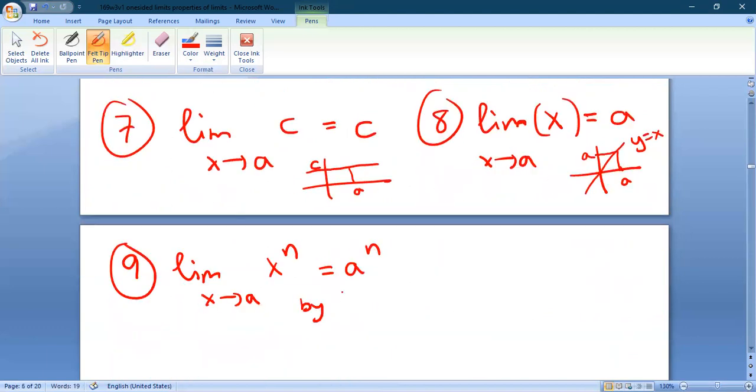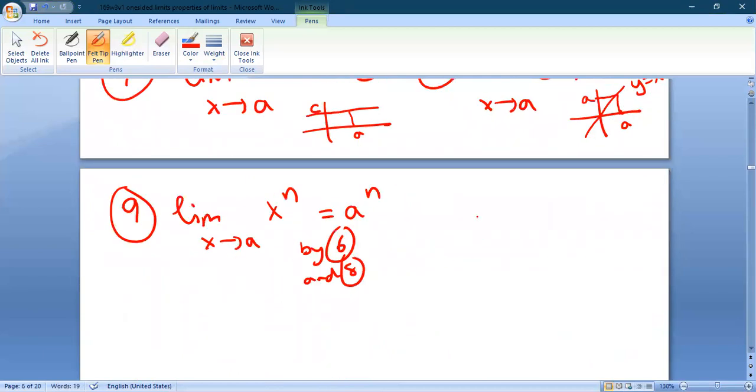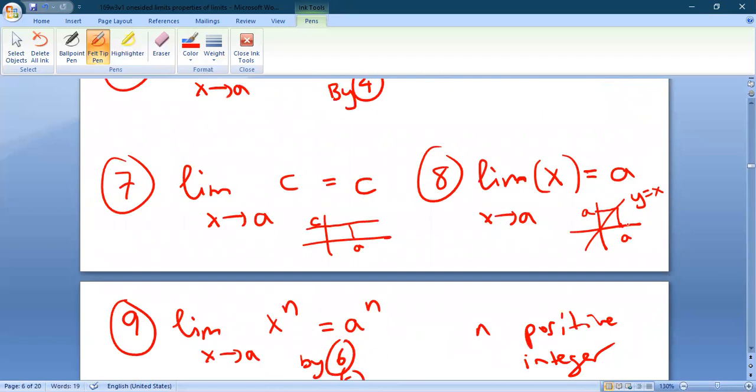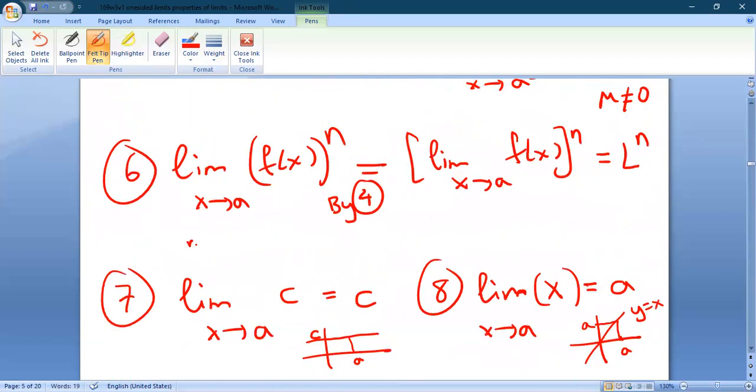So by 6 and 8, first you can multiply limits of x n times, but they are equal to a, and then multiplying a n times by itself will give a to the n. Here n is a positive integer. Maybe I forgot to say, but here also n is a positive integer.